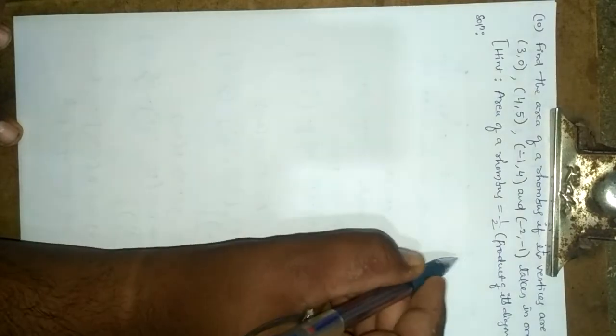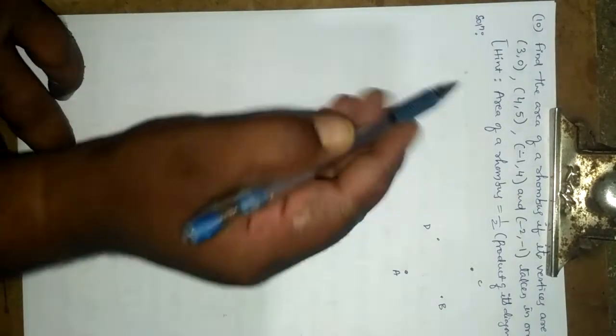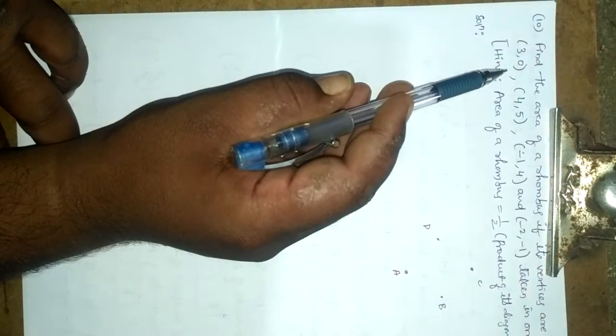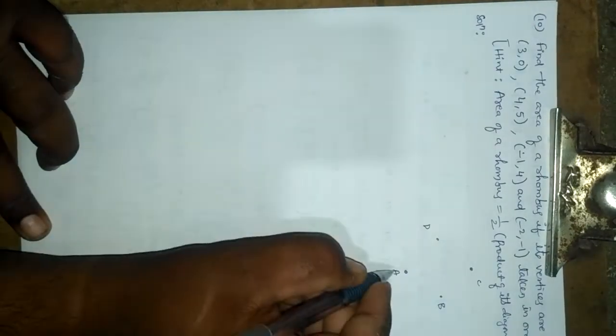Now see here, I am going to take 4 coordinates, A, B, C, D. The order of the coordinates is given for that rhombus, and I am going to write it here.